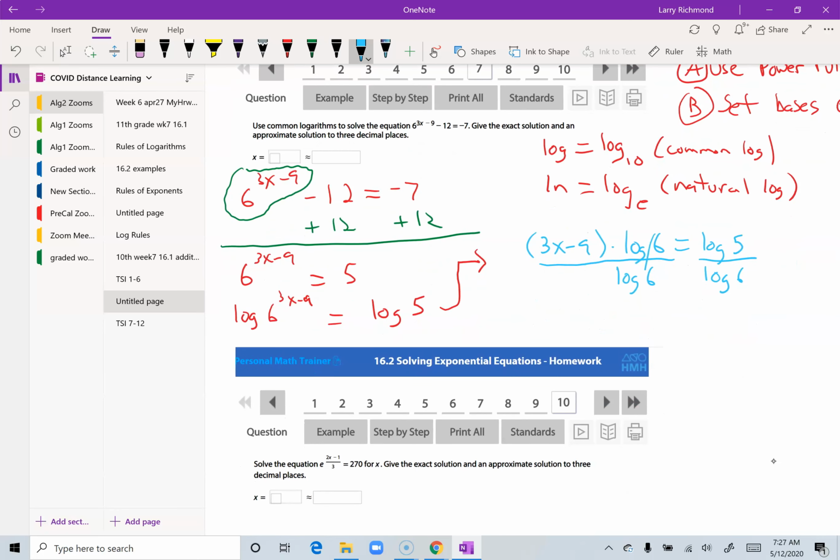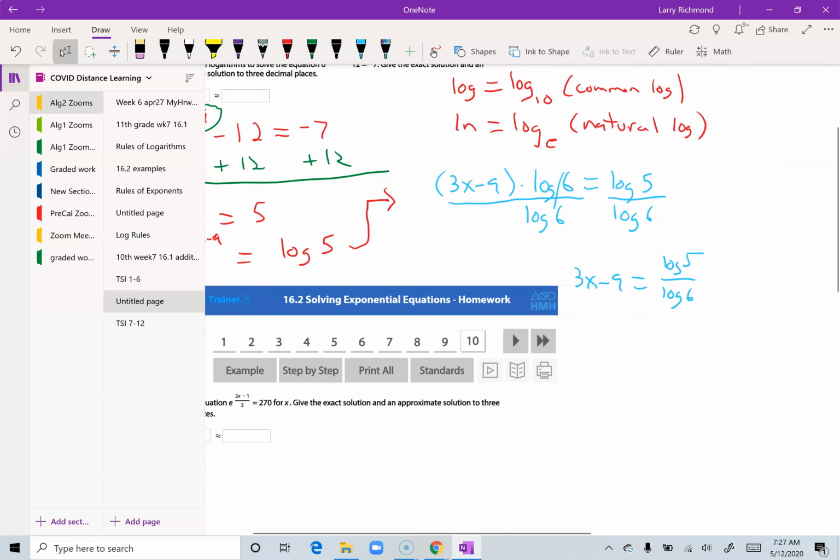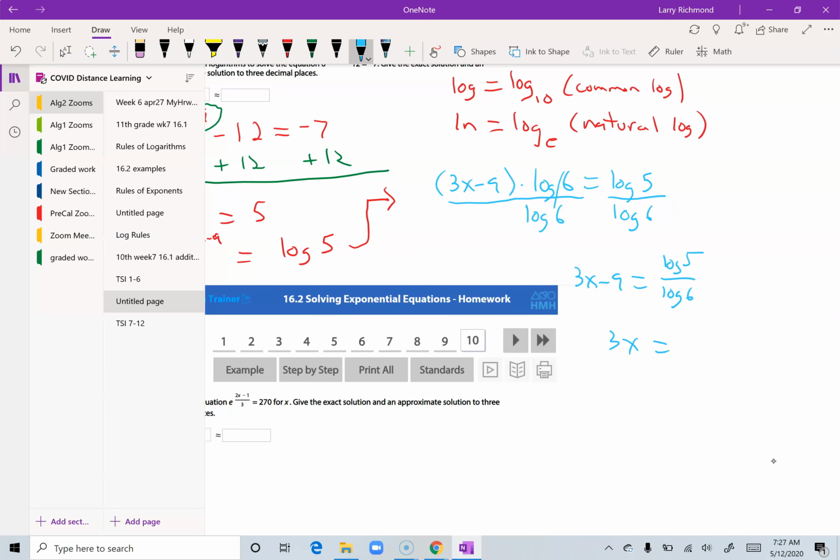This cancels, leaving 3x minus 9 on the left-hand side. We have log 5 over log 6 on the right-hand side. Now we'll add 9 to both sides, yielding 3x equals log 5 over log 6 plus 9. Then we'll divide by 3.